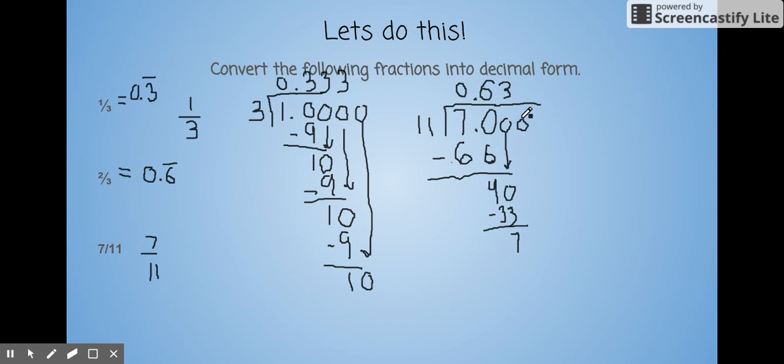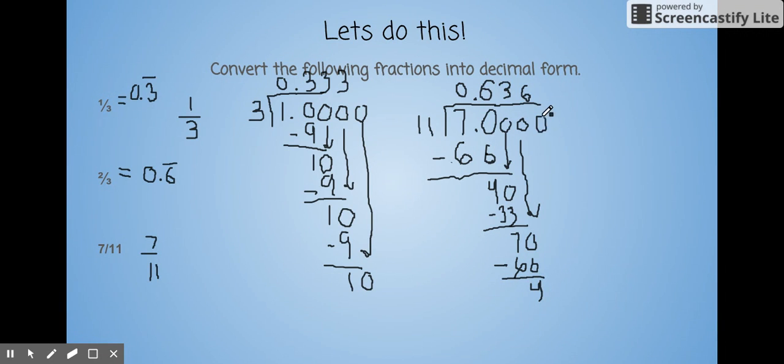I'm going to bring down a 0, and I get 70. So we had 70 before, and we said it can go in 6 times. 11 times 6 is 66. 70 minus 66 is 4.